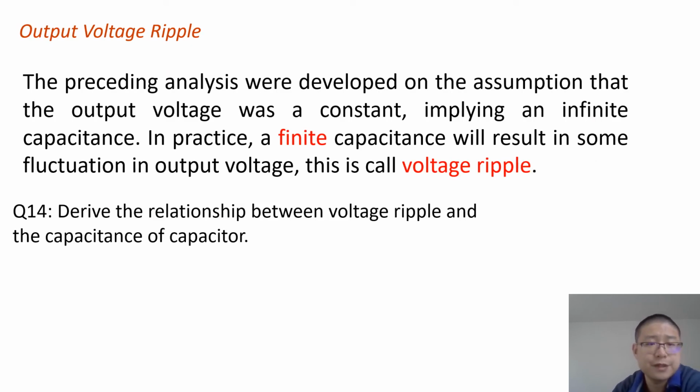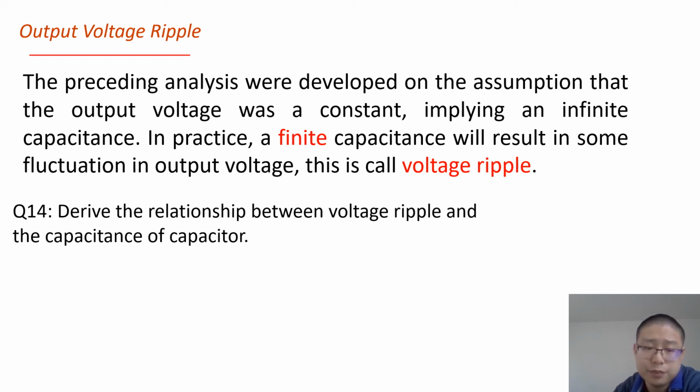Next, let's discuss the voltage ripple, the output voltage ripple. The previous analysis was developed based on the assumption that the output voltage was a constant, which means that the capacitance is infinitely large.